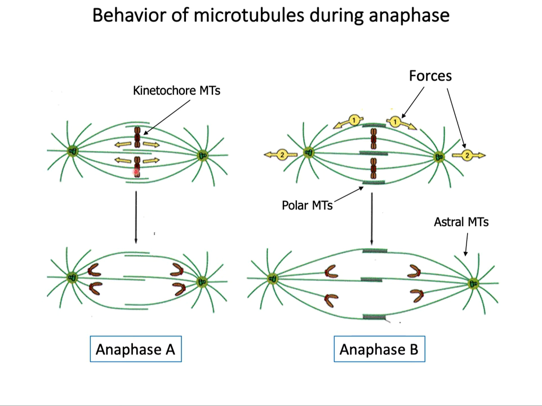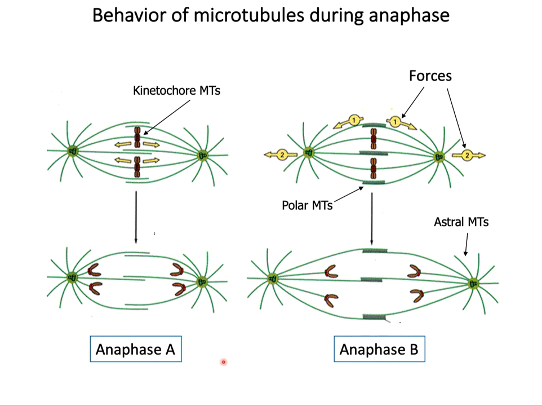And these forces can be grouped or classified into two groups known as anaphase A and anaphase B. The forces generated in anaphase A are generated by the kinetochore microtubules that are interacting with the chromosomes. And the forces generated during anaphase B are generated by the polar microtubules that are interacting with each other in the spindle and the astral microtubules on either end of the spindle.